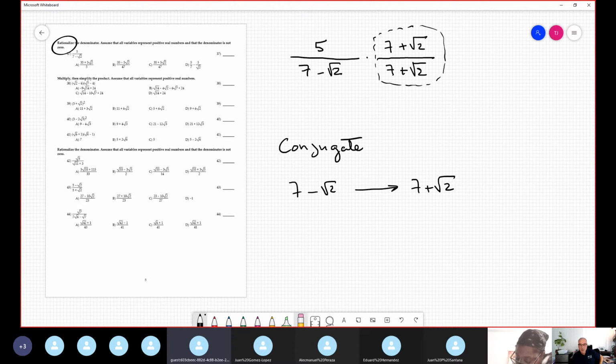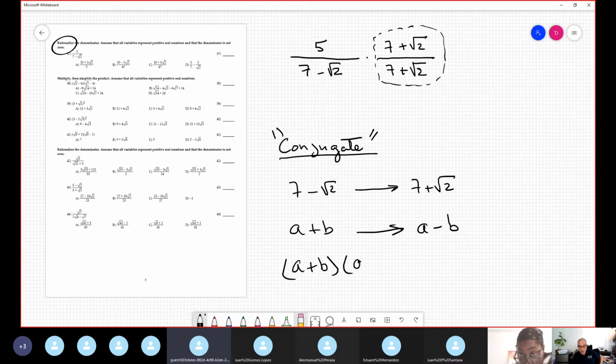Conjugate. Keep in mind this word, conjugate. What does conjugate mean? It's the same binomial. The conjugate of A plus B is A minus B. And when you multiply A plus B times A minus B, I know very well that the answer is A squared minus B squared. It's a special product.